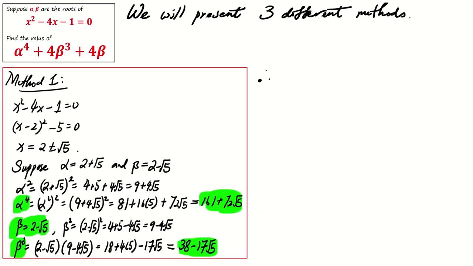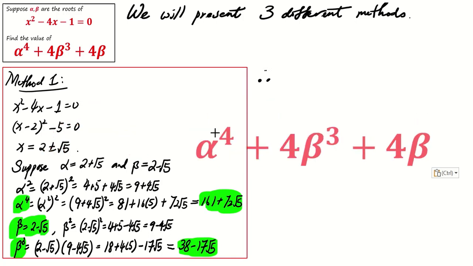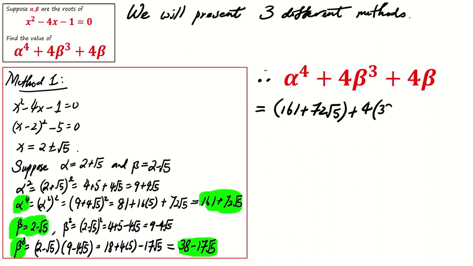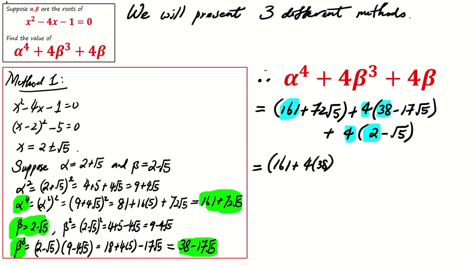With this, the expression alpha to the power of 4 plus 4 beta to the power of 3 plus 4 beta equals 161 plus 72 square root of 5 plus 4 times (38 minus 17 square root of 5) plus 4 times (2 minus square root of 5). Separate this number into two groups, one group without square root of 5 and one group with square root of 5. And note that the term in square root of 5 is 0.